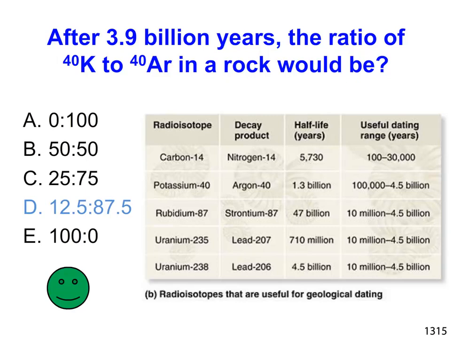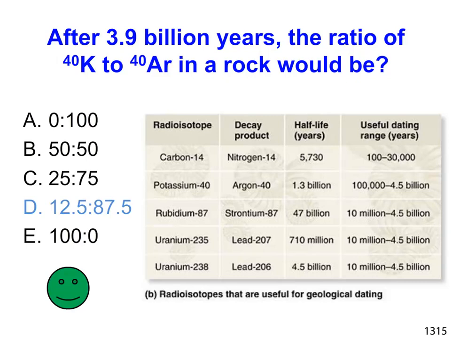Basically you've gone through three half-lives, which means the answer should be D. Remember, one half-life is 50-50. Two half-lives is 25-75. Three half-lives, which is what 3.9 billion years comes to, is 12.5 and 87.5. So make sure you understand this. You just have to be able to apply it.